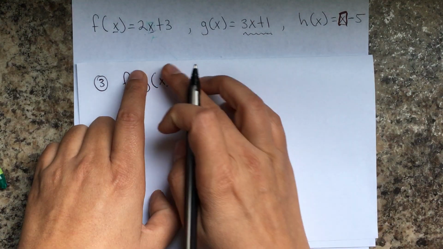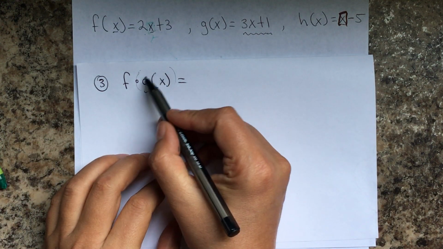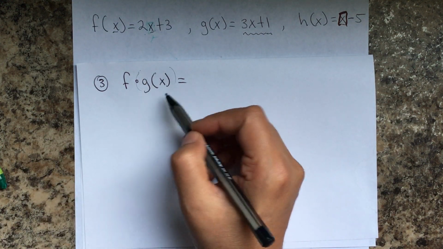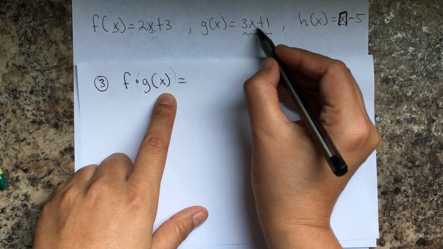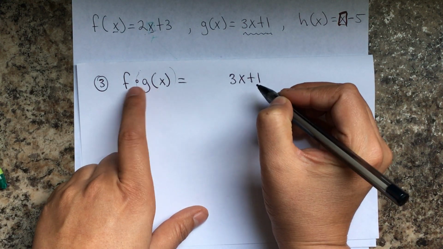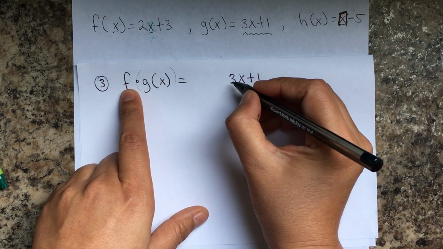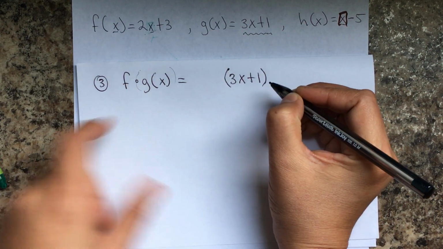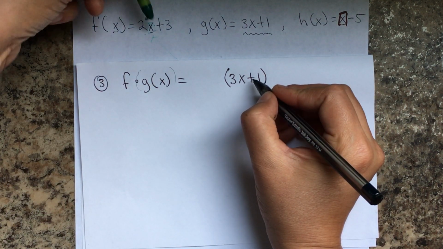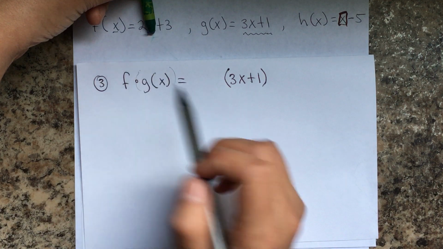This is inside. Not inside because it's not parentheses, but this is, I write it first. So g of x, I put 3x plus 1. And then I go outside and it says f. So I put a parenthesis in there. Remember that this replaces the x, so I take away the x and put everything else the same.